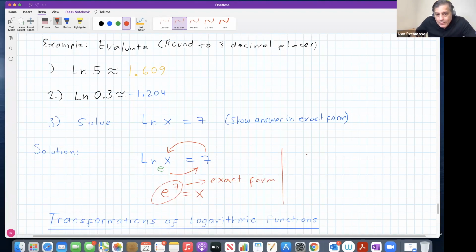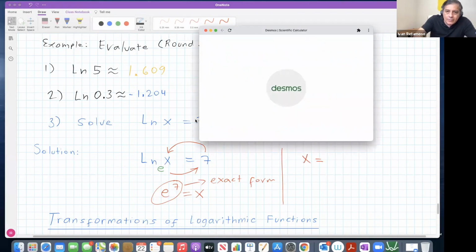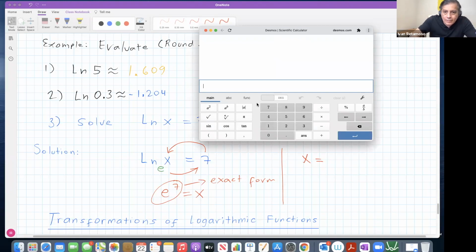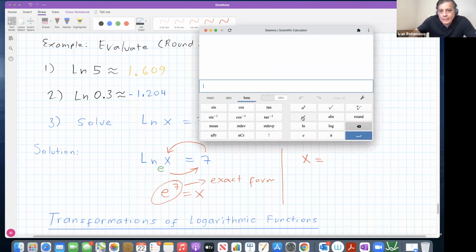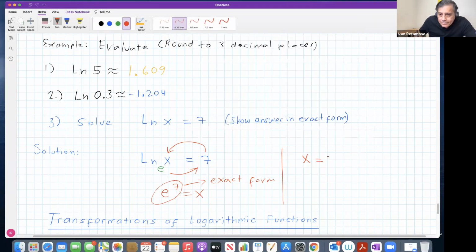But now, if you want to compute it as a decimal, not a problem, because you go to your calculator, you go to functions, go to e to the x, just put 7 on the top, then you get 1096.63, right? 1096.63 will be this in decimal form.